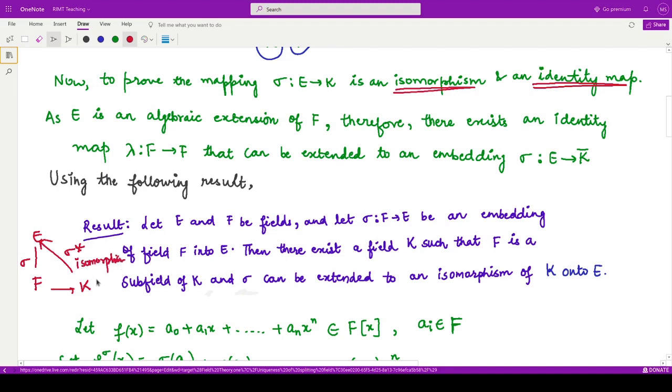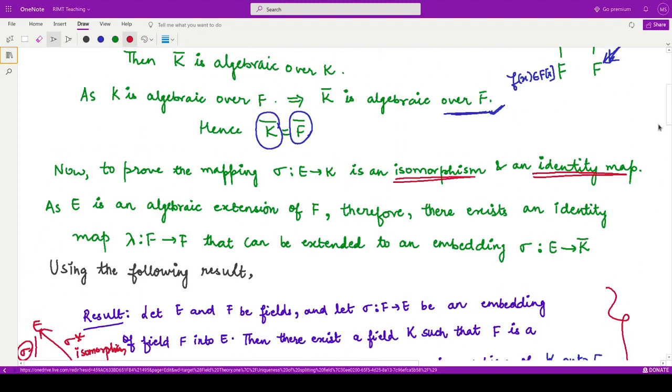Isomorphism means it is one-to-one, onto, and a homomorphism. An embedding means it is one-to-one and a homomorphism. So if you have some extension field where this mapping sigma is defined and it is an embedding, then we can extend this mapping to another mapping which forms an isomorphism. This is in accordance with the previous result that we have studied.